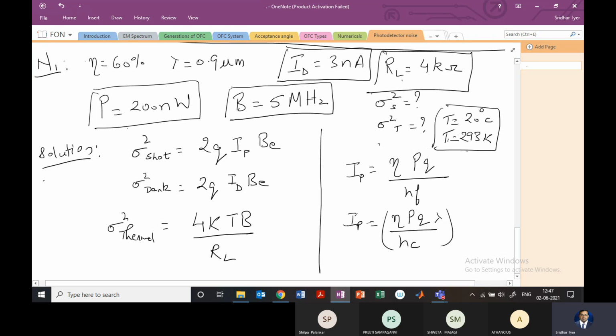So all we have to do is just substitute and get the answers, right? So please go ahead and calculate this shot noise and the thermal noise. So what we need is this value, sigma square shot, how much is that, and sigma square thermal, how much is that, right? And then just compare what is the difference, or what you can understand from it.